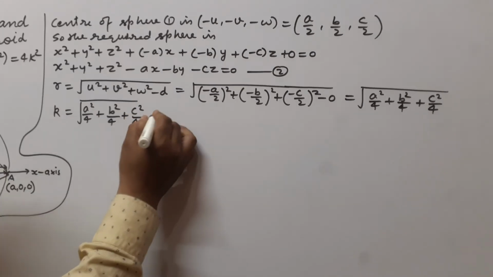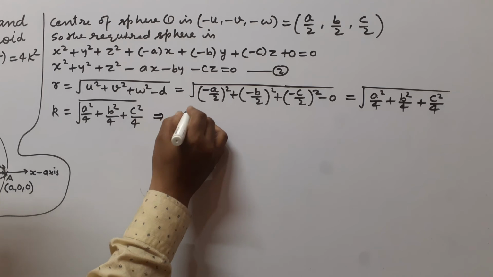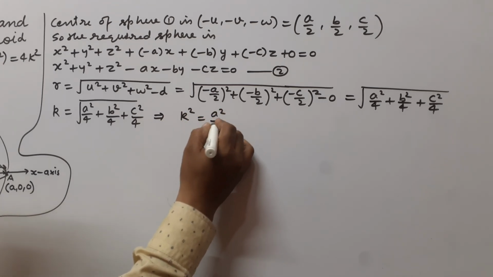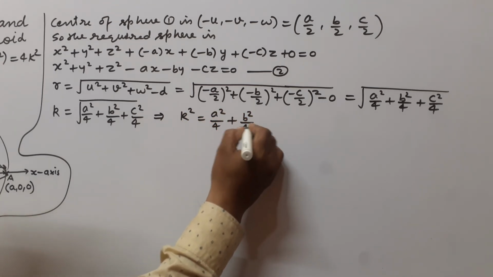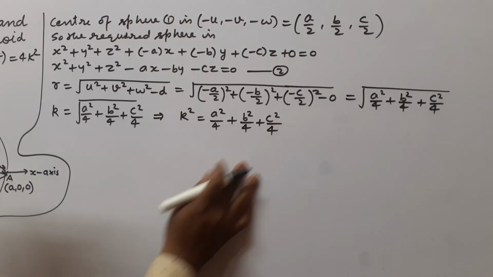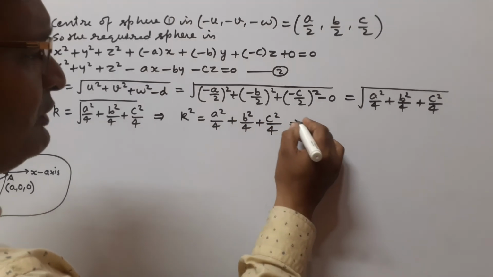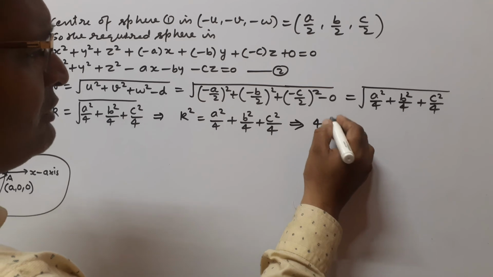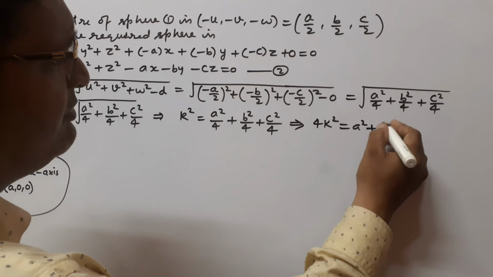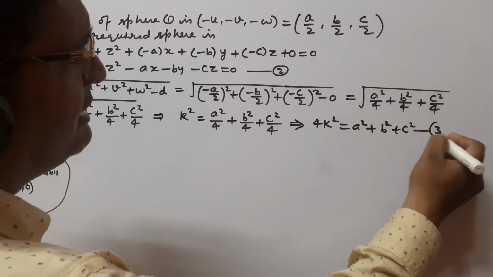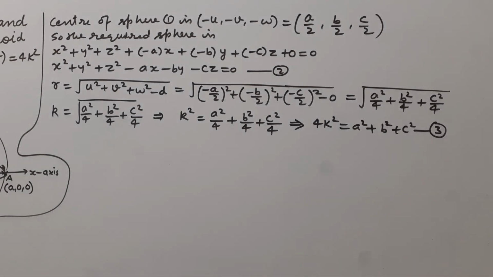Now squaring both the sides, we get k square is equal to a square by 4 plus b square by 4 plus c square by 4. Now multiplying both sides by 4, we get 4k square is equal to a square plus b square plus c square. Suppose that this is equation third.